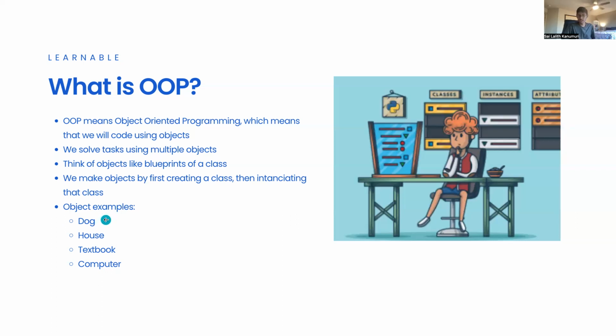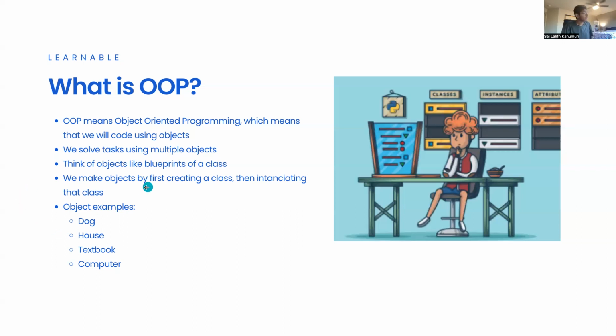Your house is an object, correct? Your house has a name. Your house has an address. For example, how about we go through the textbook? You have a math textbook, a calculus AB math textbook. That is a specific object, right?